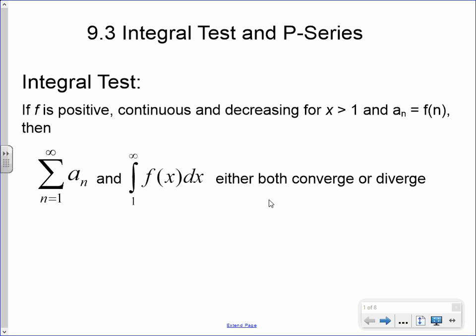Here is the 4th convergence test. The integral test. I bet it involves taking integrals.